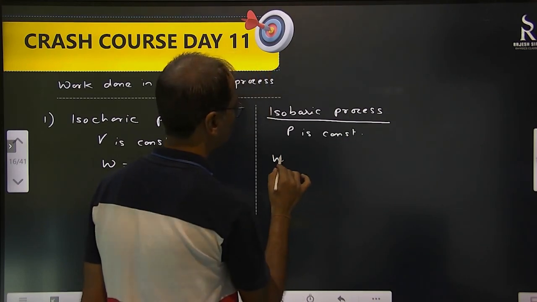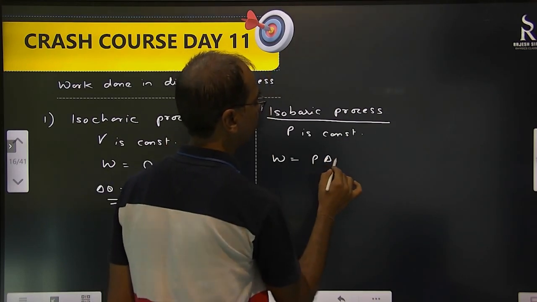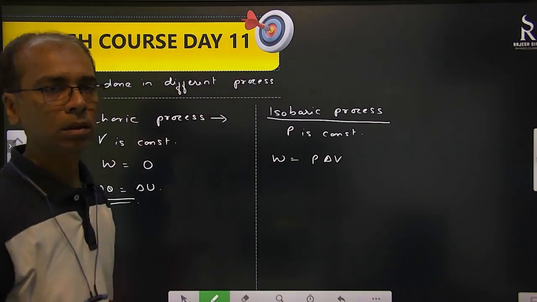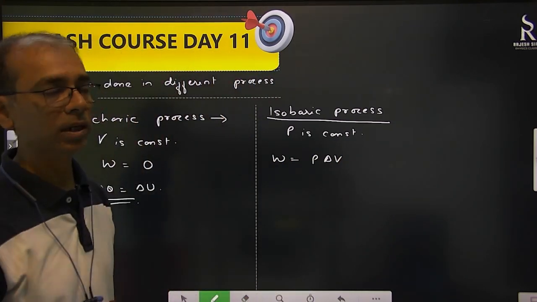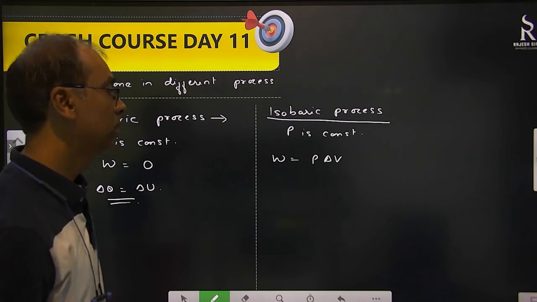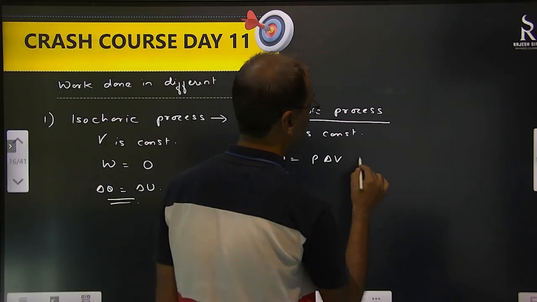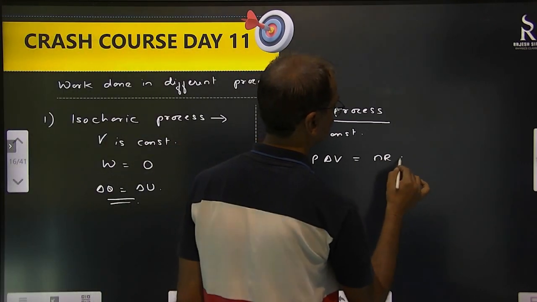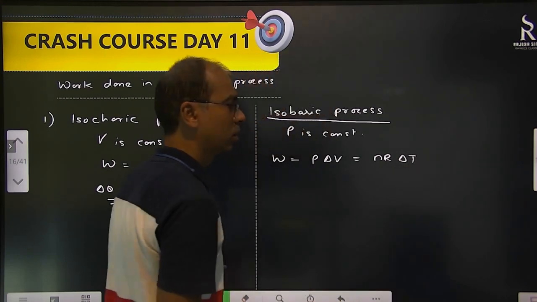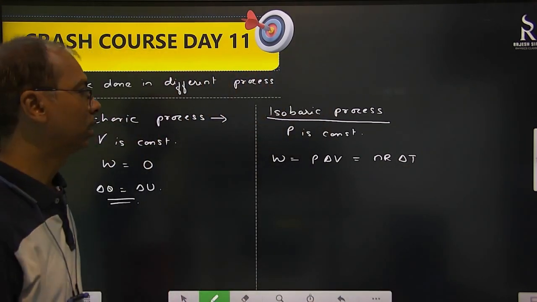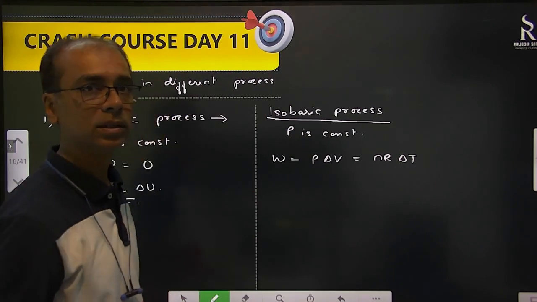So work done is P delta V, very simple. In another form, P delta V is also equal to nR delta T. So work done is calculated like this.